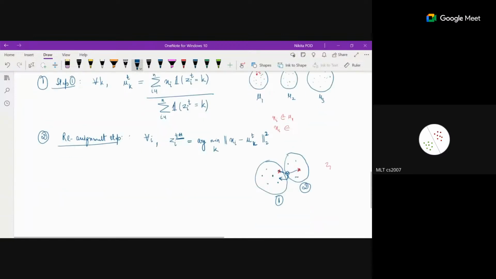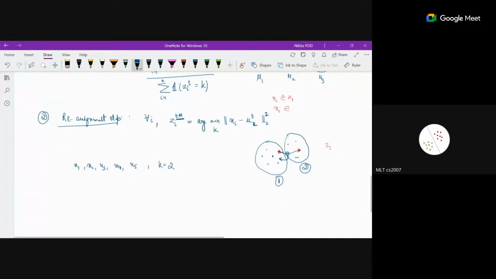It means, let's say I have x1, x2, x3, x4, x5. Let's say these are the data points, and I have k equal to 2 clusters. I need to initialize these data points, so I will randomly initialize.